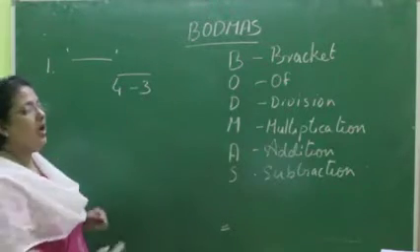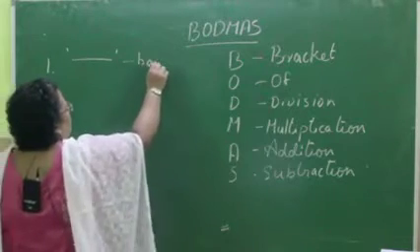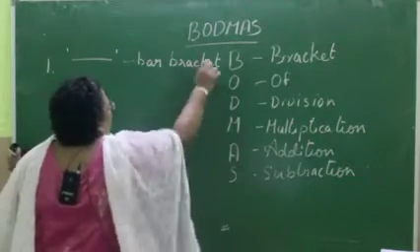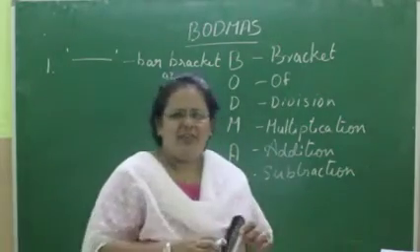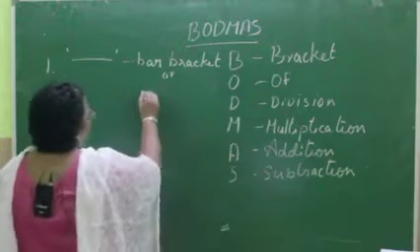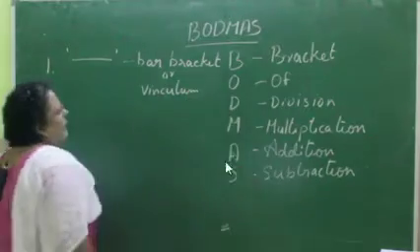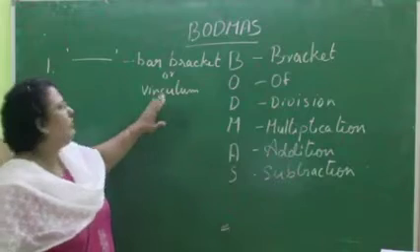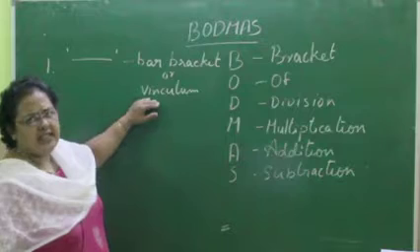This bracket we call the bar bracket, or one more name is there which we normally never use, but you should know it: vinculum. Understood? It is called bar bracket or vinculum. So we will be using bar bracket for ease. Otherwise you can use vinculum.